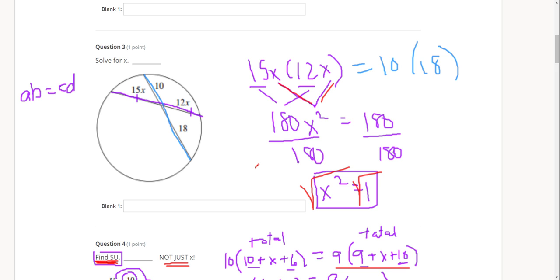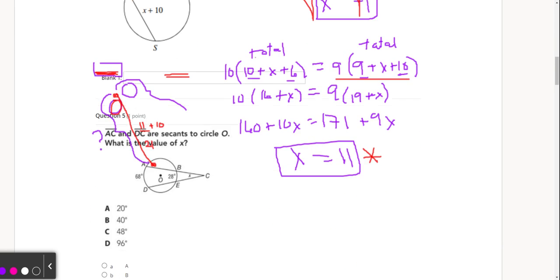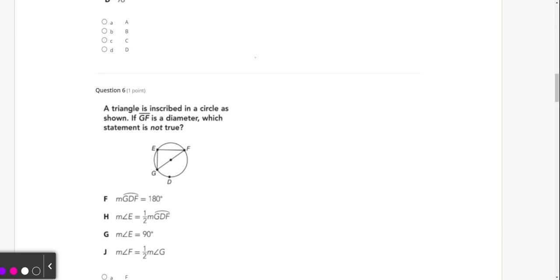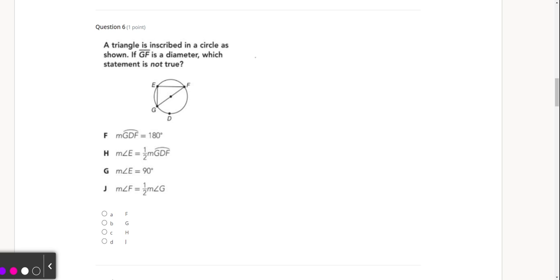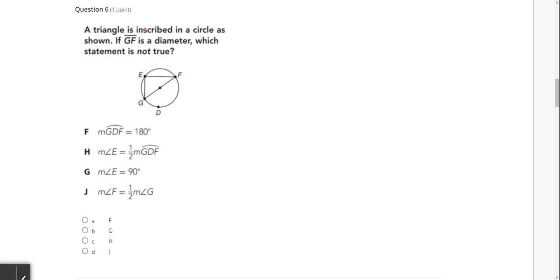And then George, I see number 6. So let's go look at number 6. Okay, number 6 is a little tricky. This is an inscribed angle. So we know the angle is half of the arc, right? And we know this is a diameter. So how many degrees is this arc? If this is a diameter, this arc is half a circle.